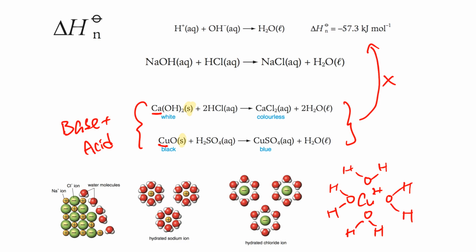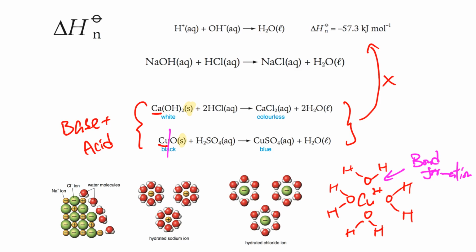So you'll find that not only do we have to break the bond, but we also have bond formation. All these things will be adding up to the enthalpy change. Therefore, the negative 57.3, we just simplify the whole thing. We're just talking about H plus combined with OH minus to give H2O.